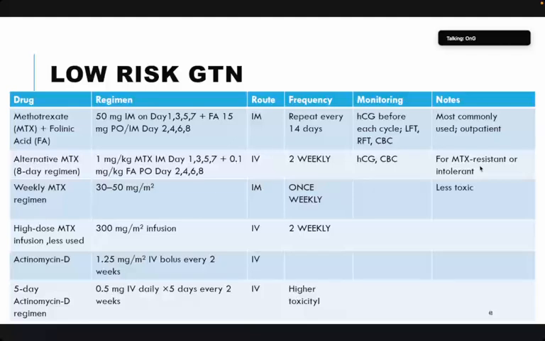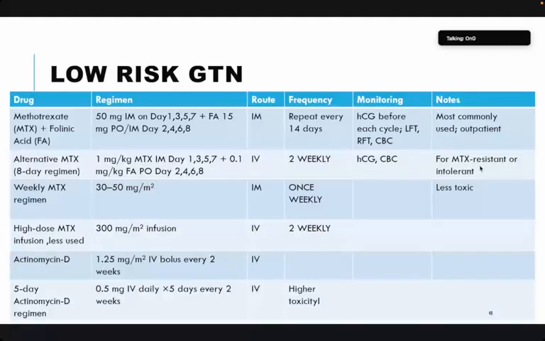You need to ensure that you have bloods and you do your HCG before each cycle, after each cycle. And then there is another alternative methotrexate regimen, which is for methotrexate resistance or intolerance. And the other two are not commonly used, the weekly regimen or the infusion.